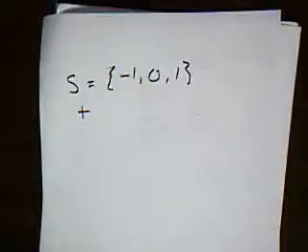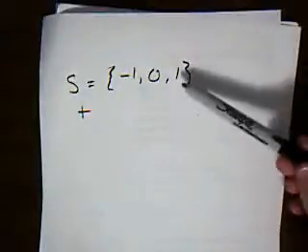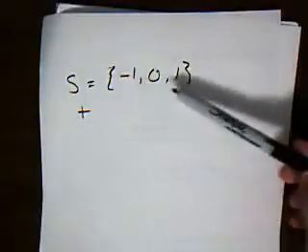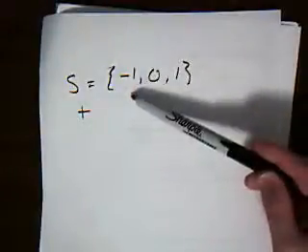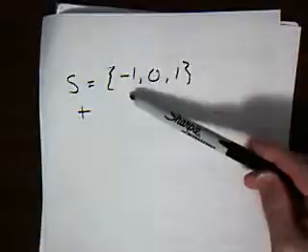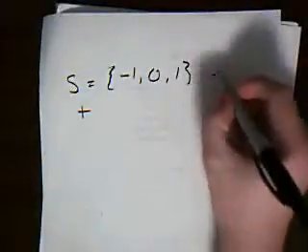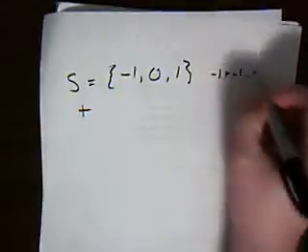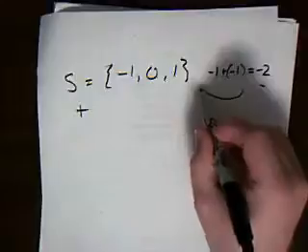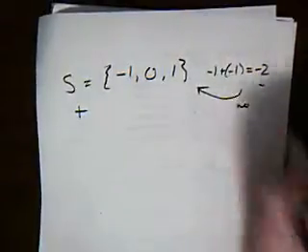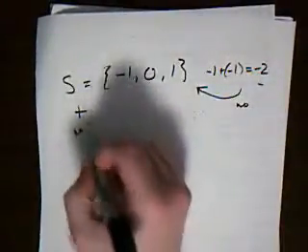You look at every single one of the elements in this set and you want to be able to add any two of them. What happens if you add -1 to -1? The answer would be -2. Is -2 in this set? No. So it's not closed.